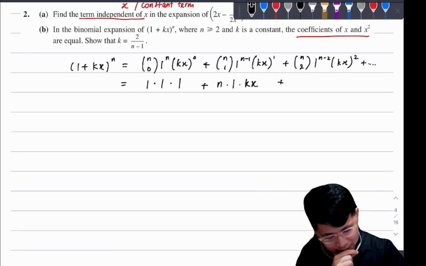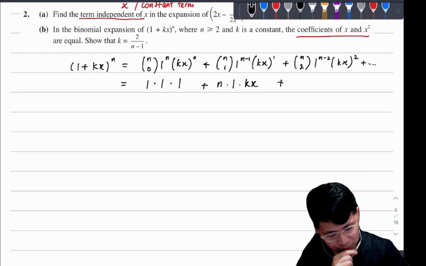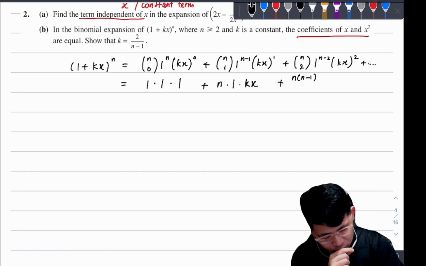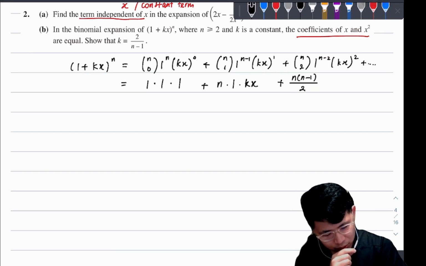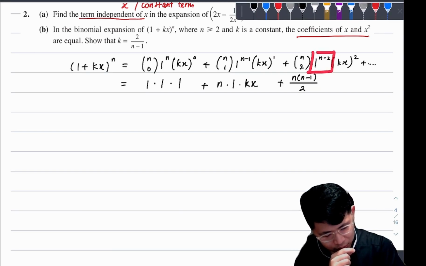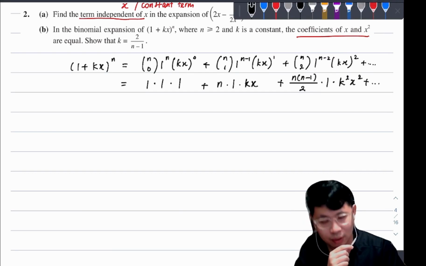Plus, now n choose 2, you need to remember the special result: n times n minus 1 over 2. 1 to the power of anything is 1, and kx squared expands to k squared x squared, don't forget the k squared.